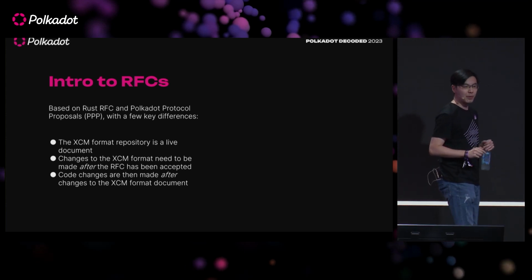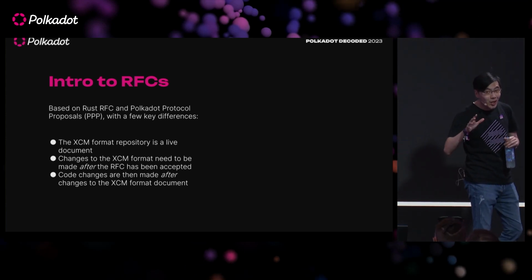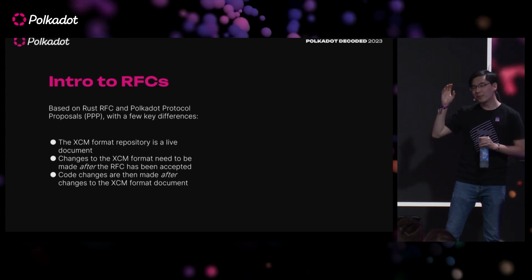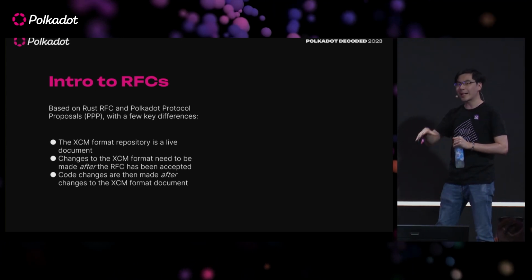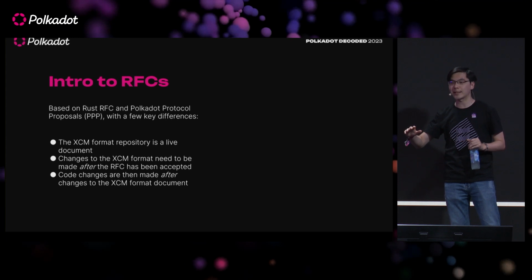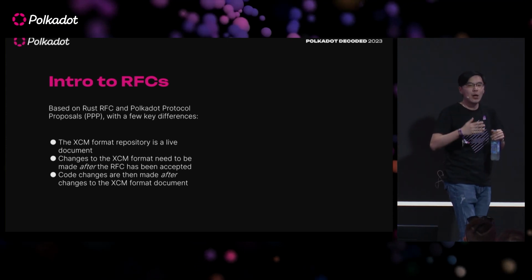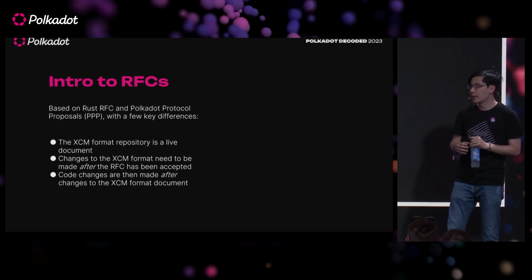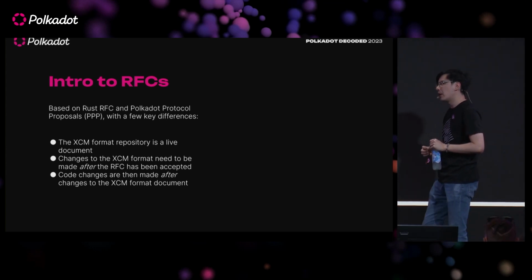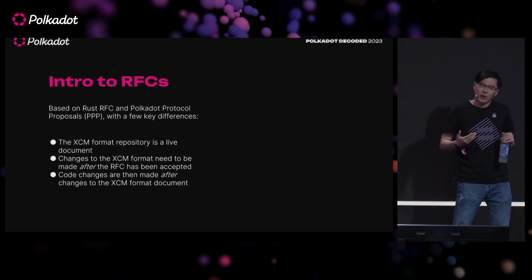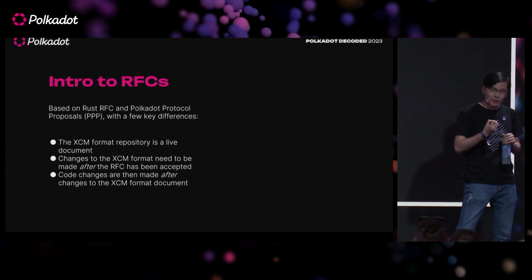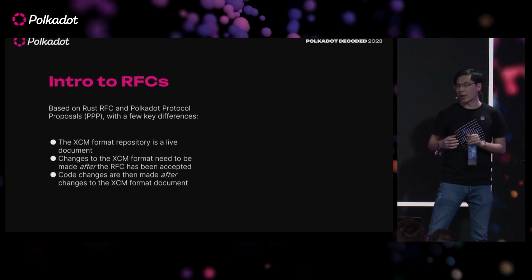The XCM format, however, is not that kind of document. It is a single document that exhaustively explains everything that has to do with the XCM format. And so you might want to ask me, hey Keith, why are we even considering using the RFC process?